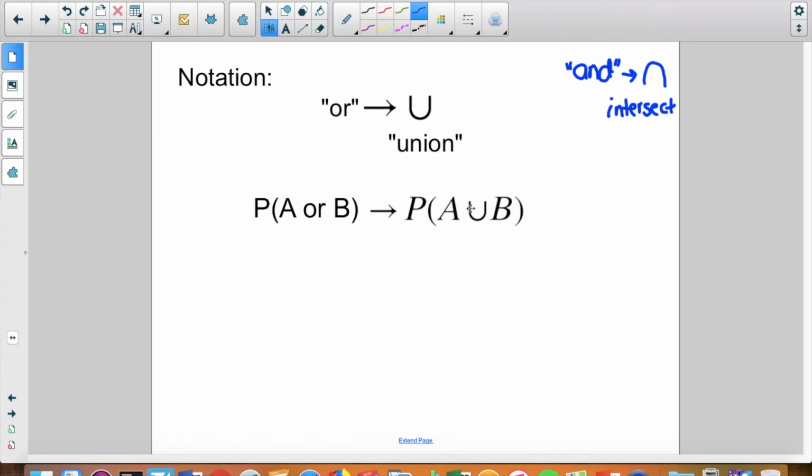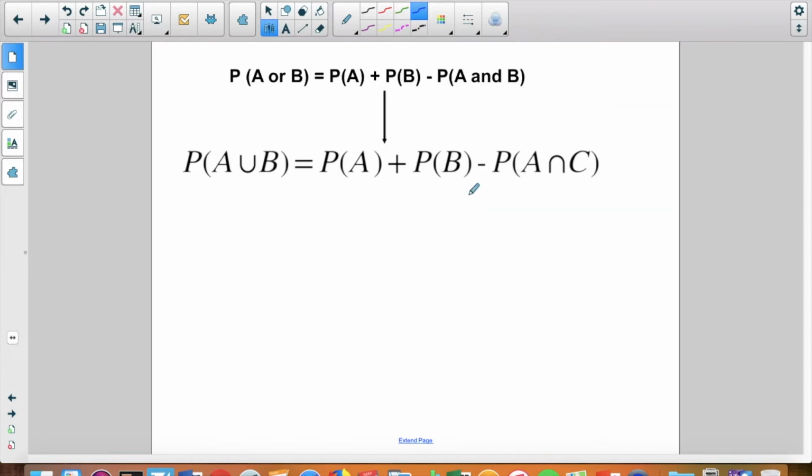Okay? So the union is what we use for or. So this is just some more notation. Remember, or goes to the U, which represents union, and and becomes the upside down U, which represents the intersect.